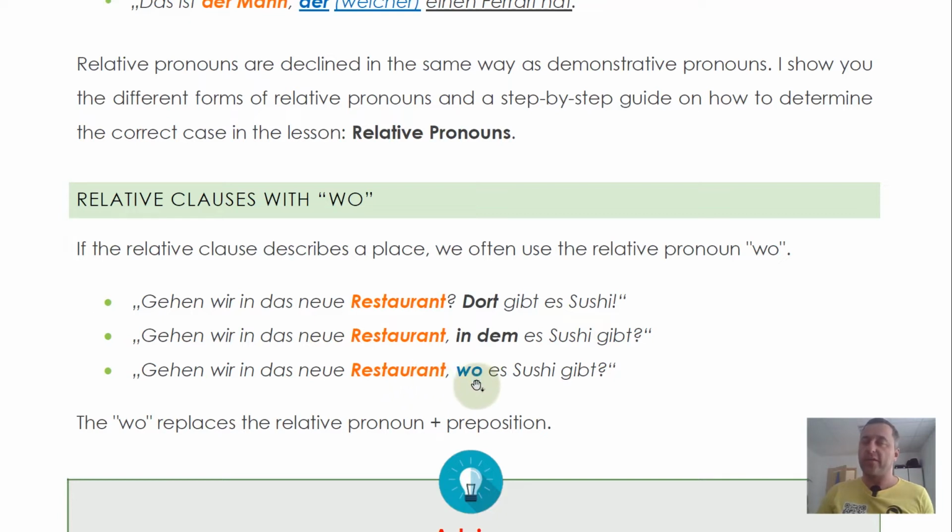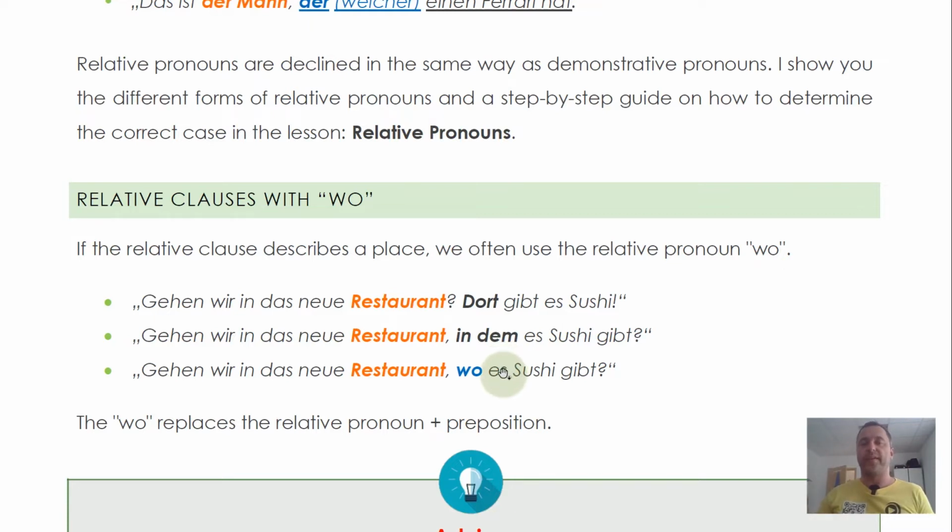You can use where, wo, as a relative pronoun and then give the additional information to the restaurant. Those are all valid ways to actually give additional information. This one is the version with this one, because you actually have to add the preposition here in front if you're referring to something with a preposition.